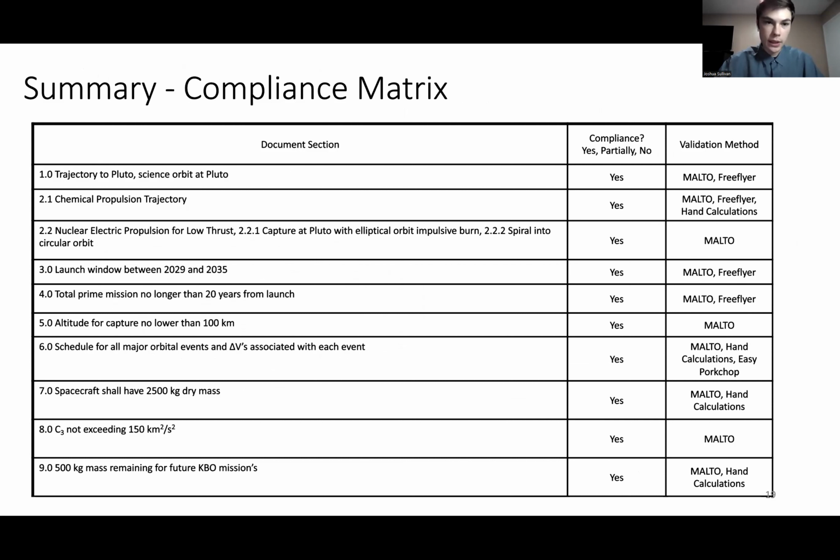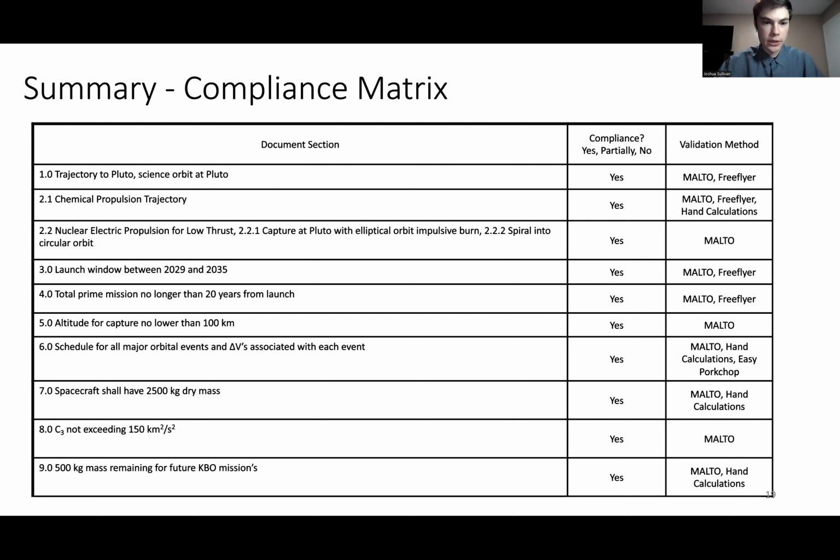Going down, you can see that with each step or each requirement that was given to us, we reached compliance in all sections, and we were able to verify each of these findings in 3 different ways, either using Malto, Free Flyer, or hand calculations. And each of the requirements was successfully able to be reached with none exceeding anything.